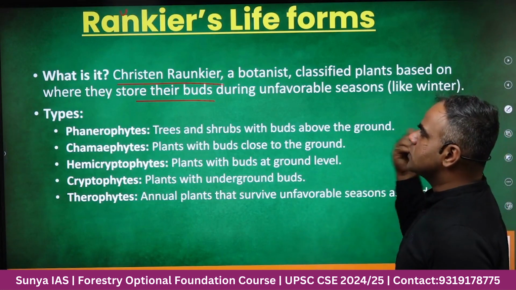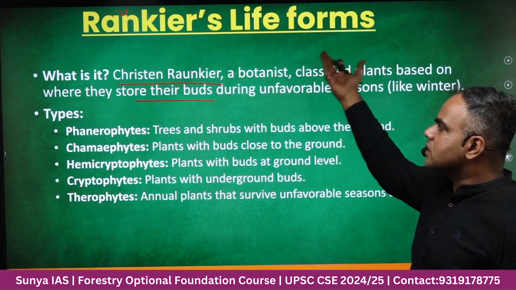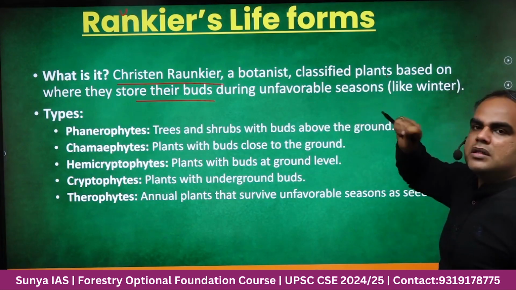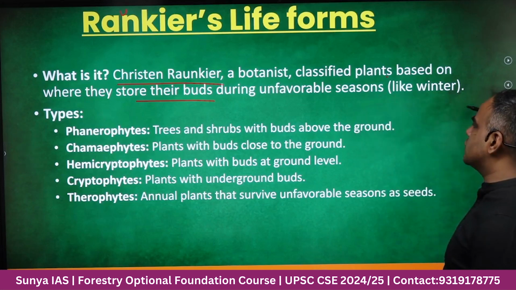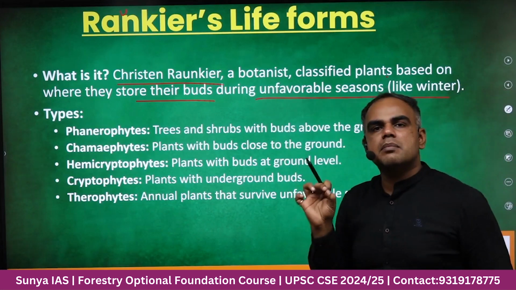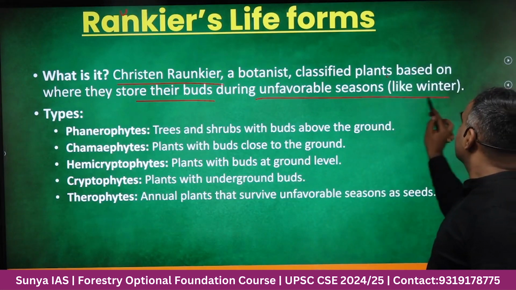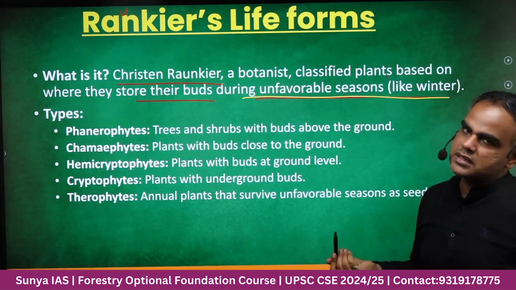Sometimes they may ask you, let's say, what are Raunkiaer's life forms. Basically, the plants are classified on the basis of where they store their buds during unfavorable or wintry conditions. Unfavorable wintry conditions is what you need to know.